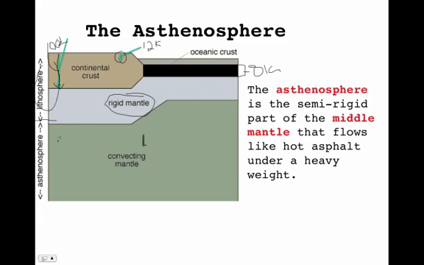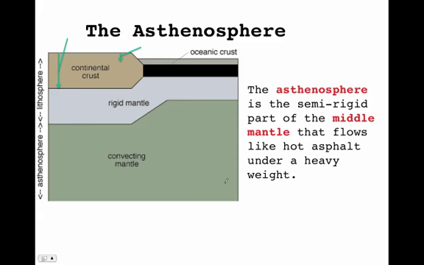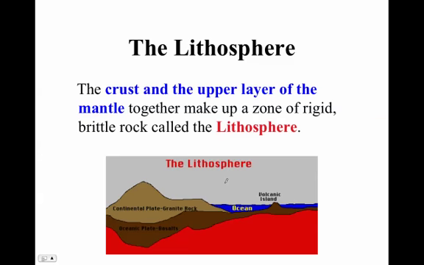And below that, the liquid part of the mantle, which flows, which moves through convection currents, that's called the asthenosphere. So let's look at the lithosphere again. What is that? That's the solid part. The lithosphere is made up of the crust and the upper layer of the mantle.